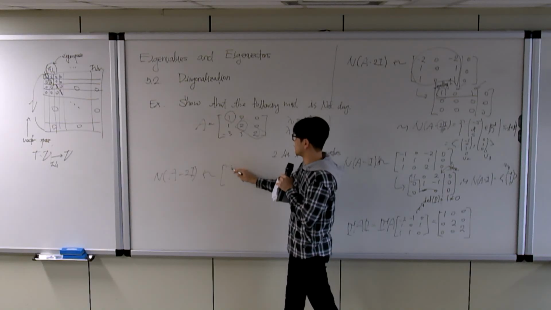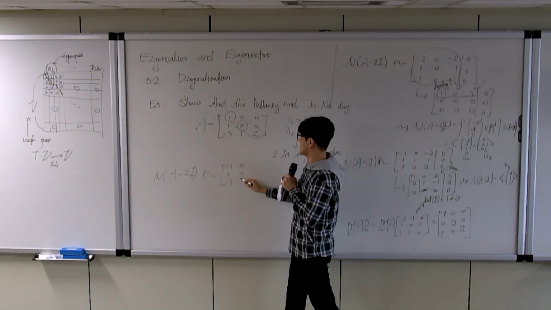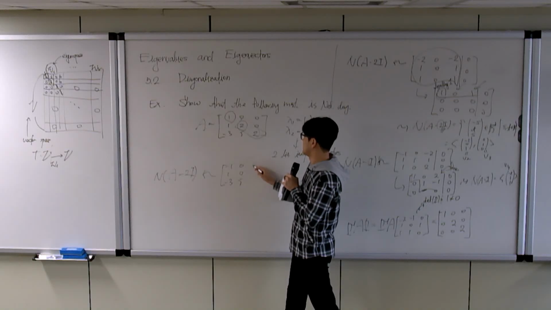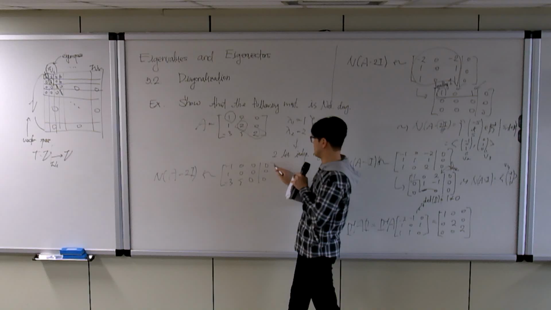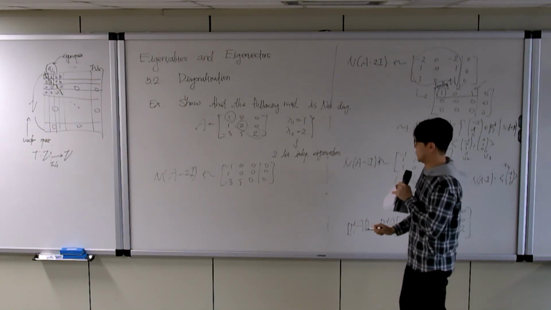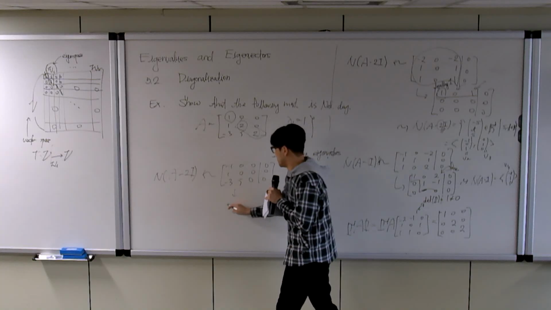That means the most number of linearly independent eigenvectors is just 2, which is strictly smaller than 3. That means A is not diagonalizable.